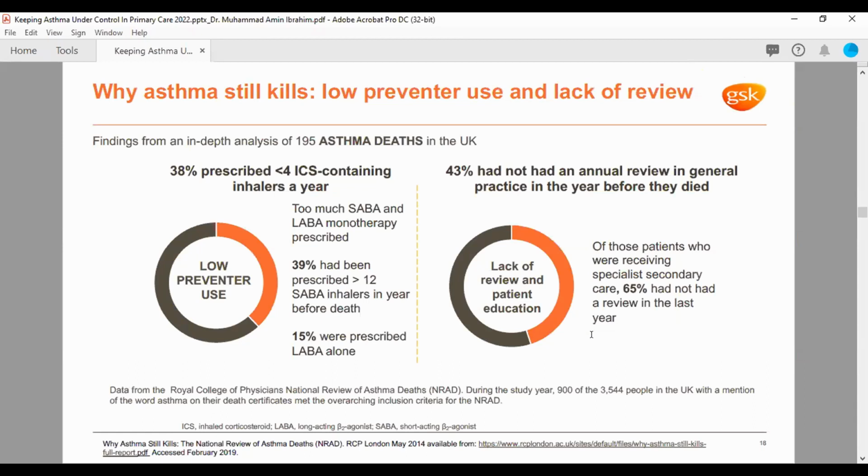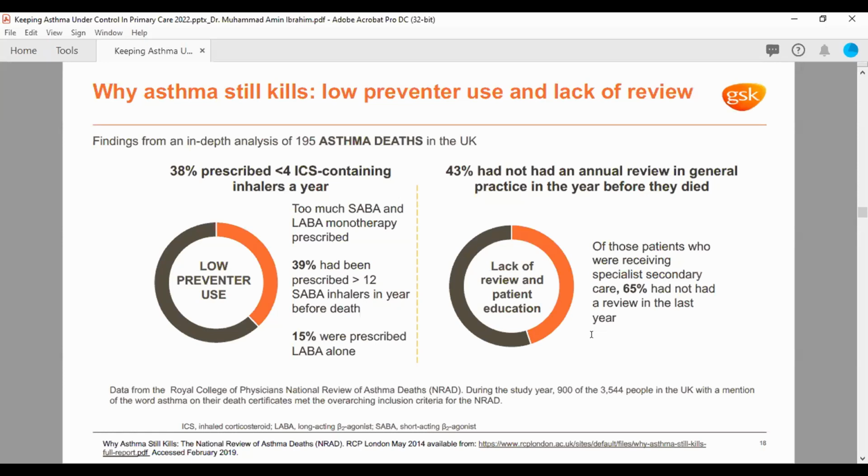About 38% of patients who died in the previous year received less than 4 inhalers containing ICS. By right, they should receive at least 12 if you use it every month. So ICS canisters prescribed in the year should be 12 canisters. But those who die from asthma, 38% of them received less than 4 canisters containing ICS.